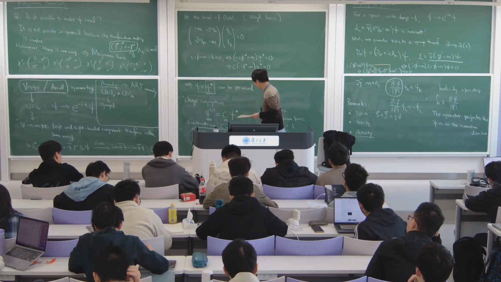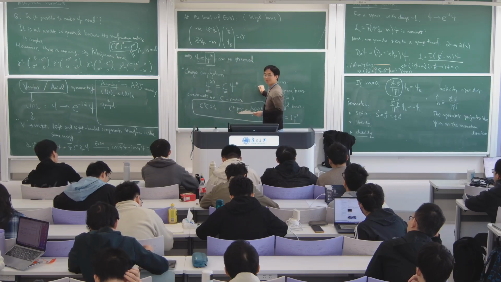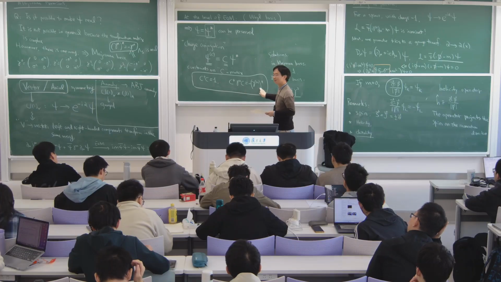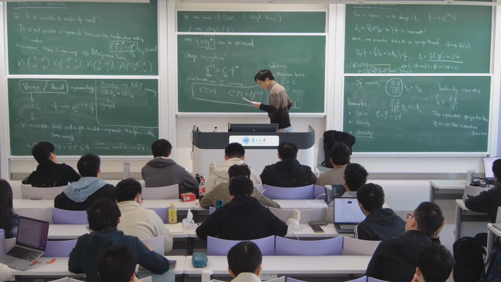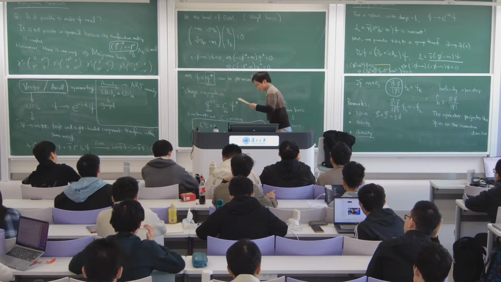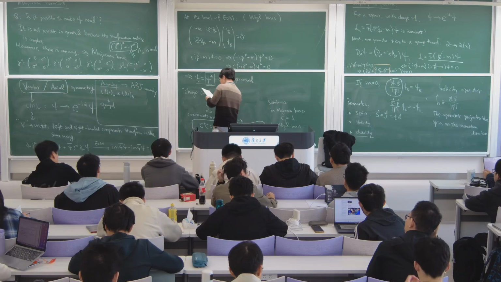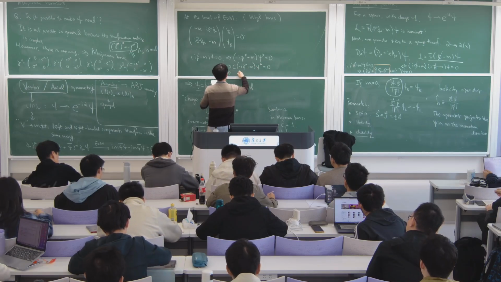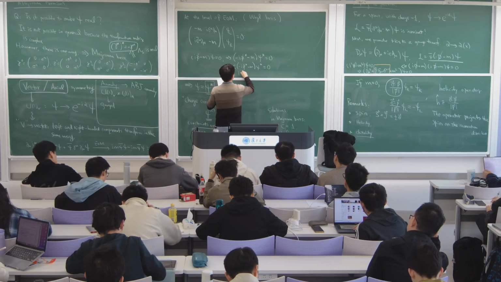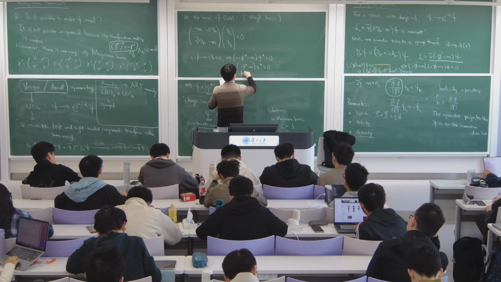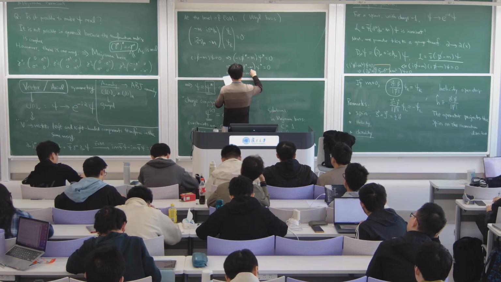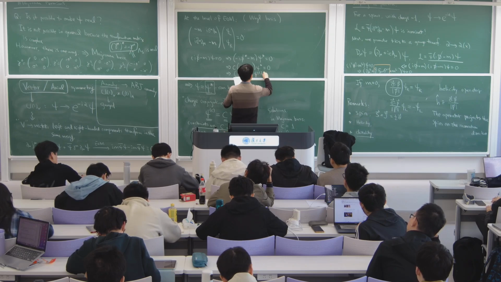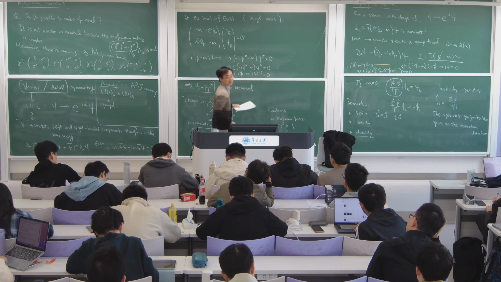Then we use this relation and this constraint, and you can easily derive from here that another equation is true, which is (i partial slash minus m) psi c equals 0.